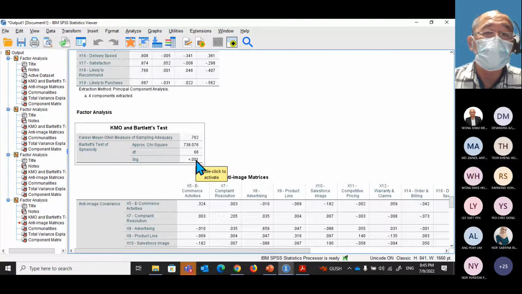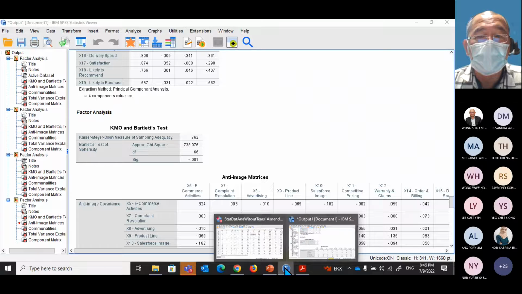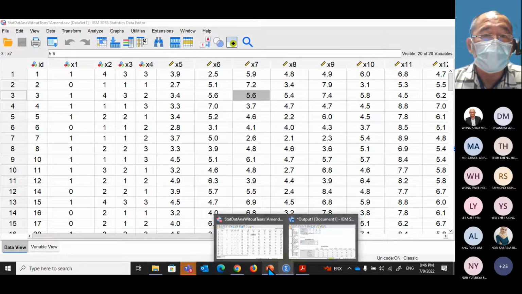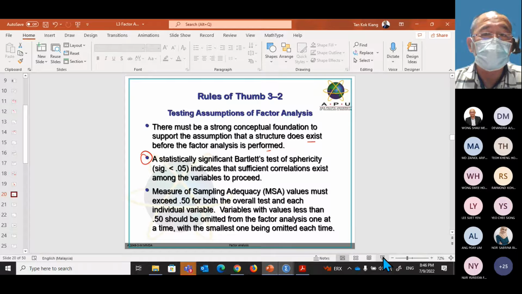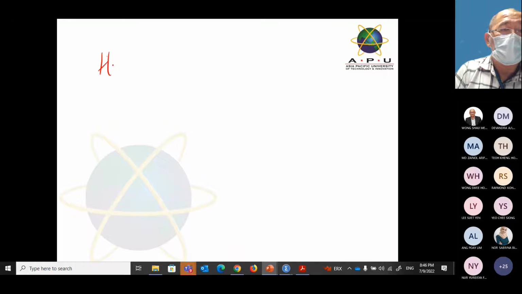We reject the null hypothesis. So both actually support us. If the data has high correlation, then we can proceed. So the KMO and also Bartlett's test, both are fine. No problem. I can show you the hypothesis. It's a simple one.